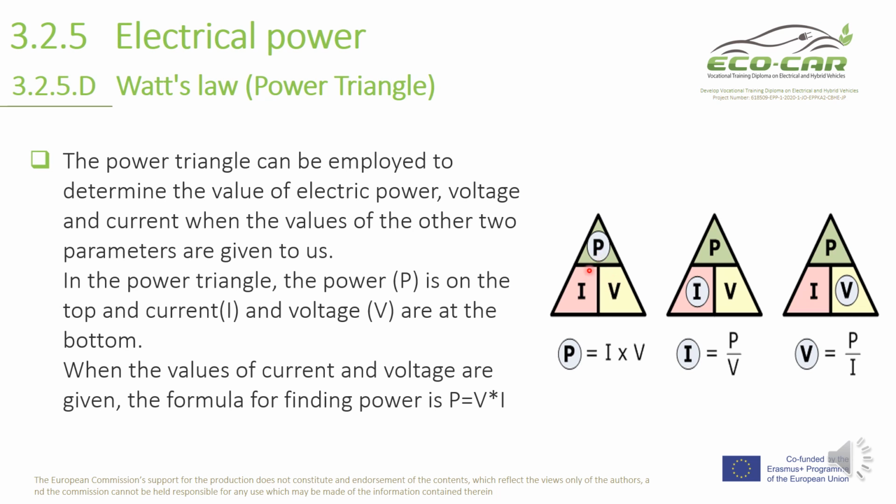So here, P, the top, equal I multiplied by V. If we want to calculate or determine the current, it is equal to the power divided by the voltage. If we want to calculate or determine the voltage, it is equal to the power divided by the current.